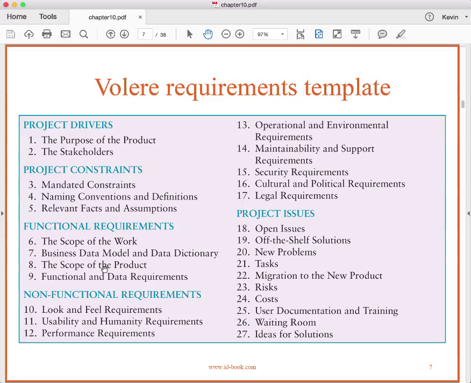Here is a larger part of the Volere requirements template. Okay, and they've got all kinds of things: project drivers, project constraints, functional requirements, non-functional requirements, project issues, a lot of things.